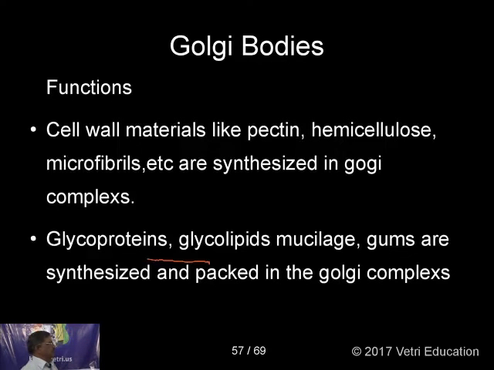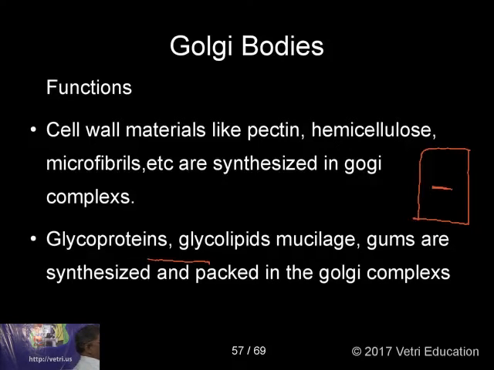Regarding the functions, a very important function is cell wall formation. During cell division, a phragmoplast is formed by the microtubules and spindle fibers, and then on both sides the middle lamella is laid down by these Golgi bodies.